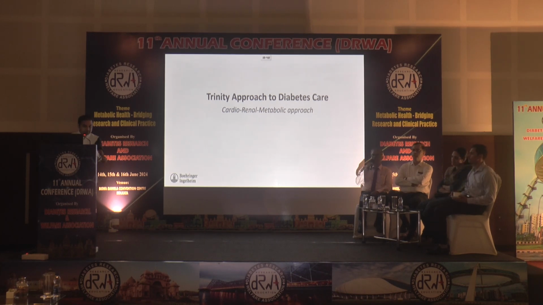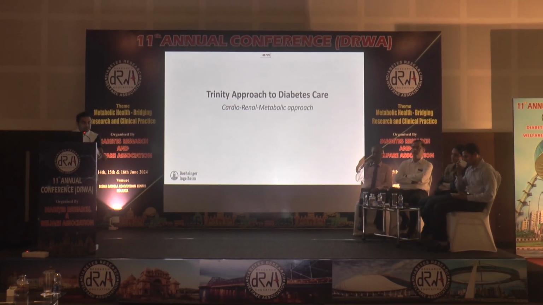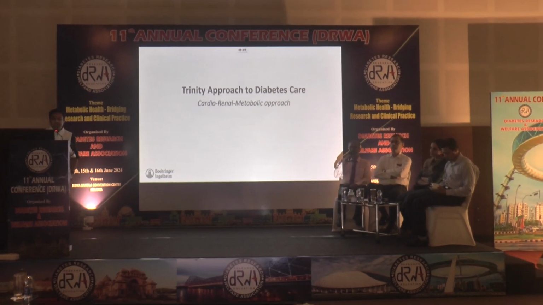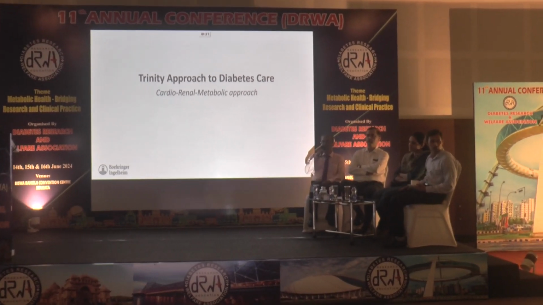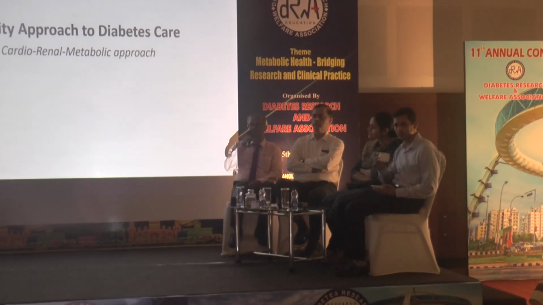Together, these three components of the cardio-renal metabolic syndrome are called the Trinity, that is a triad. This is an unholy trinity. How to break this unholy trinity with oral anti-diabetic medications will be discussed over the next few minutes.